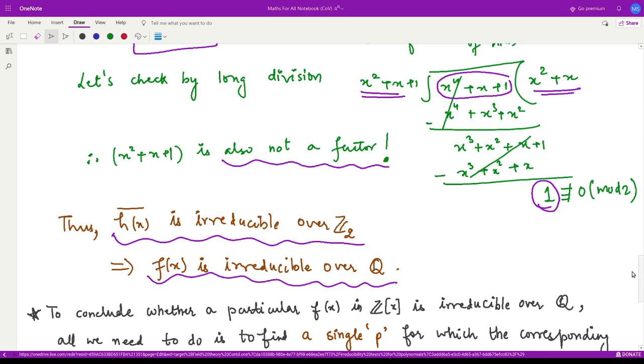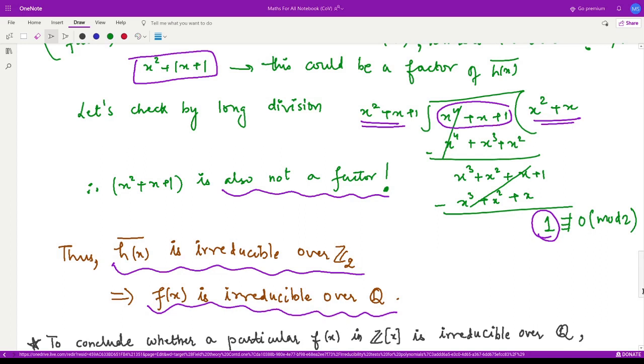So you see, for degree 2 and degree 3, it is so simple. You just find a root: if the polynomial has a root, it would not be irreducible, and if it doesn't have a root, it would be irreducible, right? But in this case, you have to do some other things also, right?